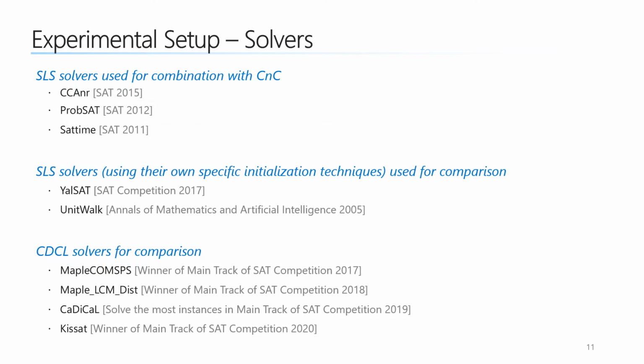In this slide, we introduce the solvers we used in our work. First, we introduce the SLS solvers used for combination with our CnC method. There are 3 SLS solvers, and they are CCAnr, Probsat, and Sattime. Then, we describe the SLS solvers used for comparison. In particular, those SLS solvers utilize their own specific initialization techniques. They are YalSAT and UnitWalk.